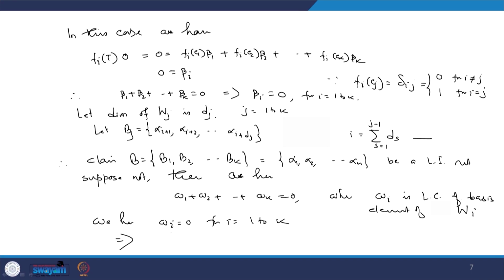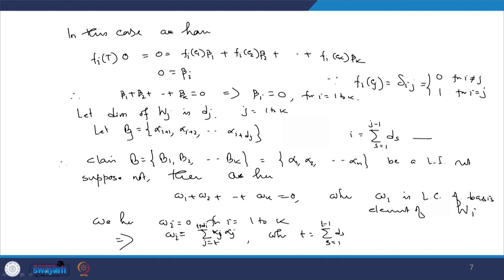So wi is equal to the sum of kj into alpha j, where j runs from t to t plus di, where t is the sum of ds, s equal to 1 to i minus 1.